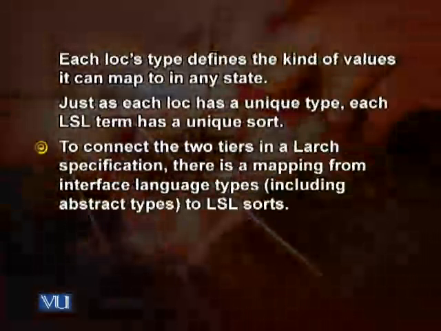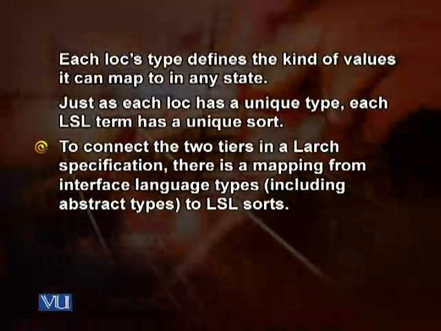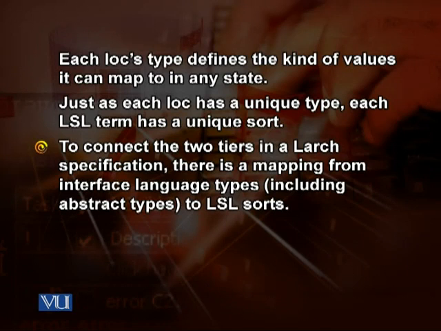Now we want to connect the two tiers, and to connect the two tiers in a large specification, there is a mapping from interface language types, including abstract types, to LSL sorts. Now these sorts and the types, abstract types in our interface specification, this is how we connect them together.